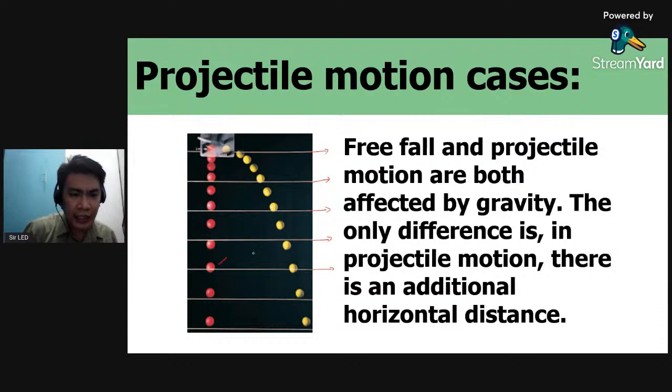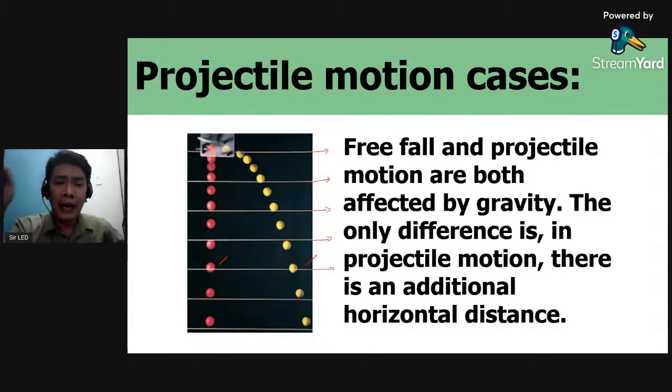For this particular case, they will be able to reach the same distance at the same time. Therefore, the red one will reach the ground at the same time as the yellow one. The only difference, class, is that in projectile motion, there is an added horizontal distance, but it's still freely falling.